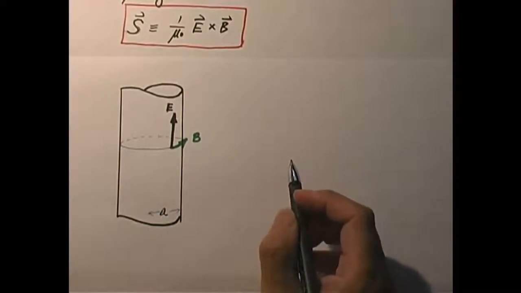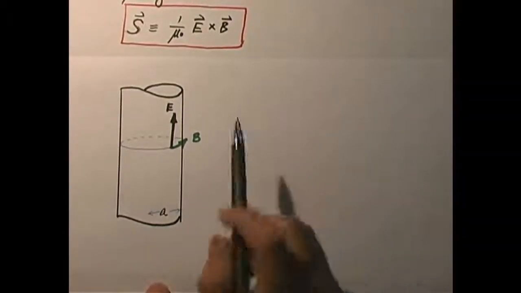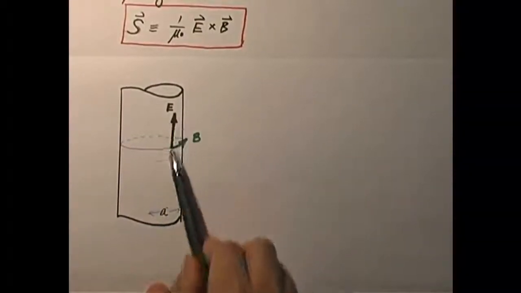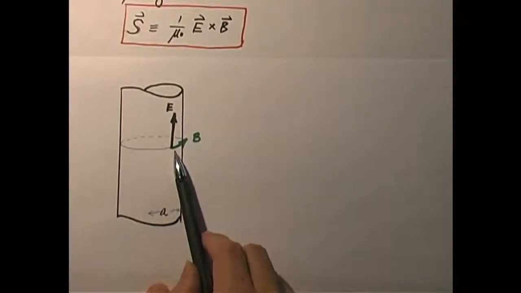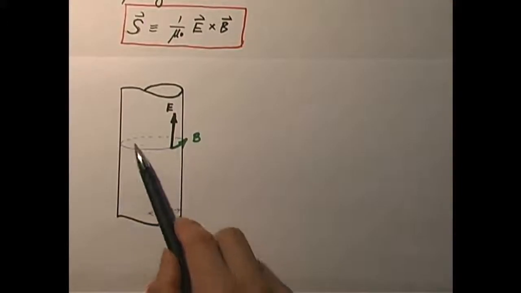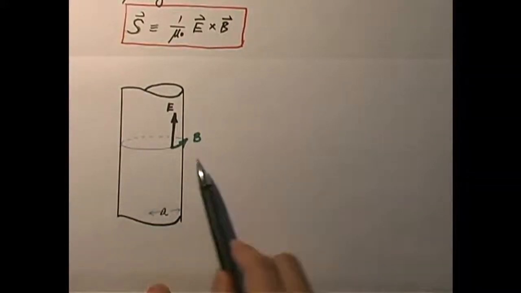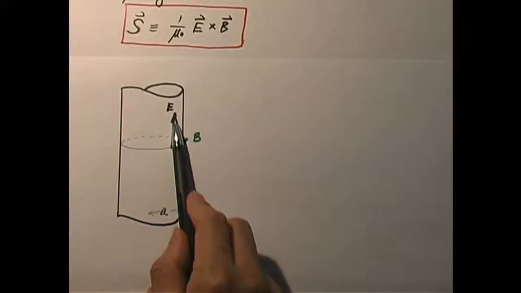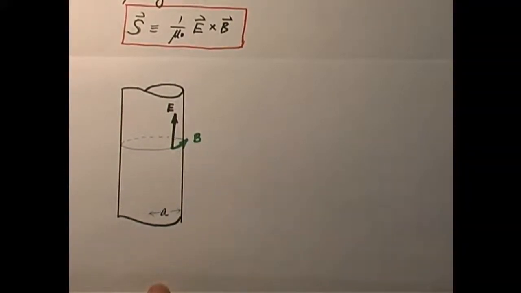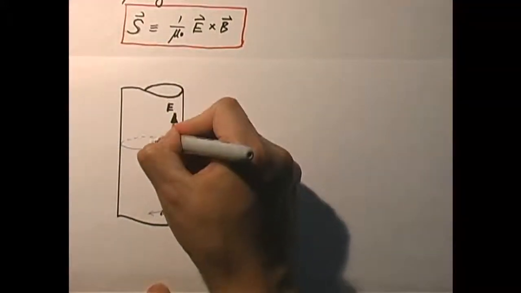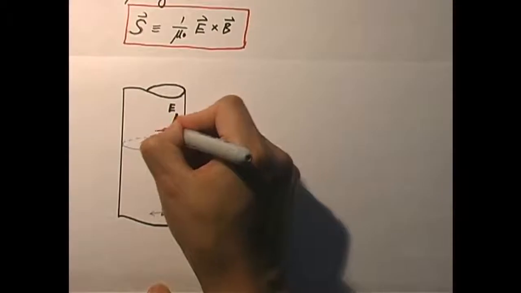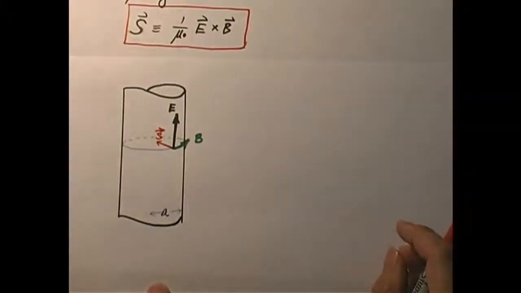Radius is A. In order to support a current this way, there has to be a local electric field pushing up like this. And since you have an electric field, there is also a magnetic field going around it like this, right? So right on the surface, I can draw E this way and B that way. If I use the Poynting vector E cross B, I find it is inward, which points directly into the center of the wire.